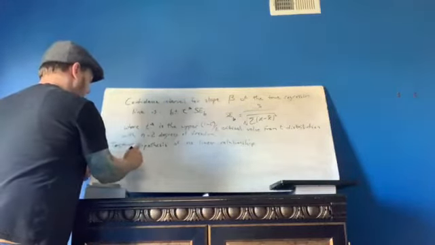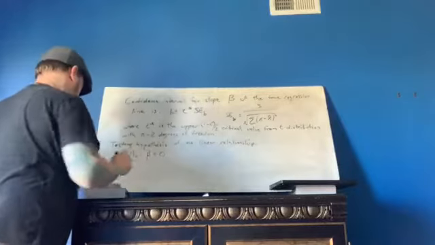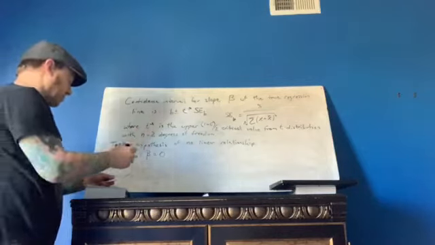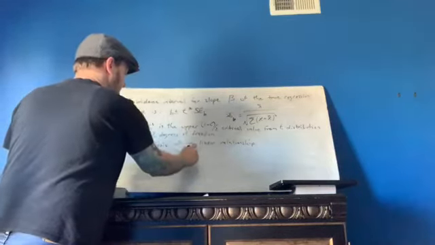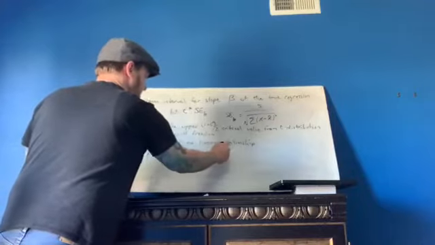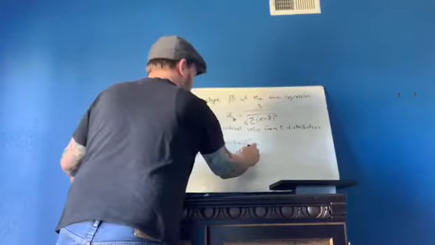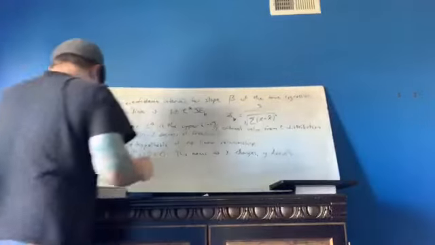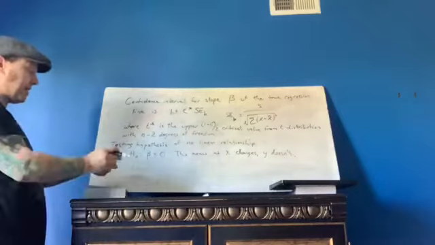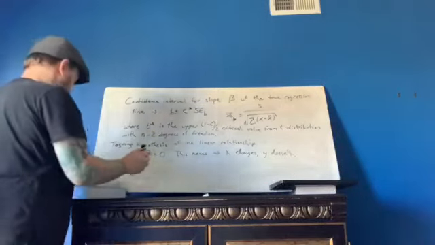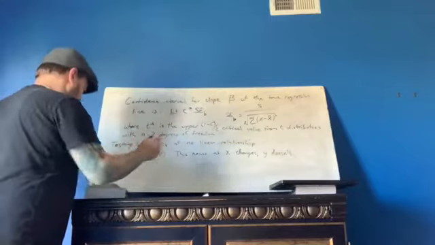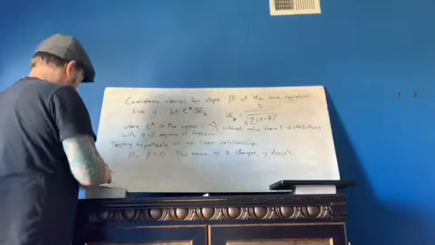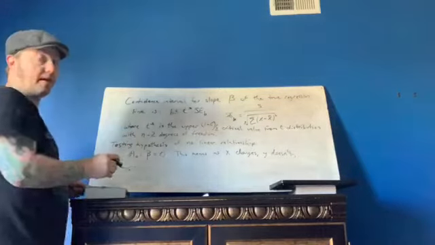So H naught: beta equals 0. This means as x changes, y doesn't. So H naught says straight line dependence on x is of no value for predicting y.